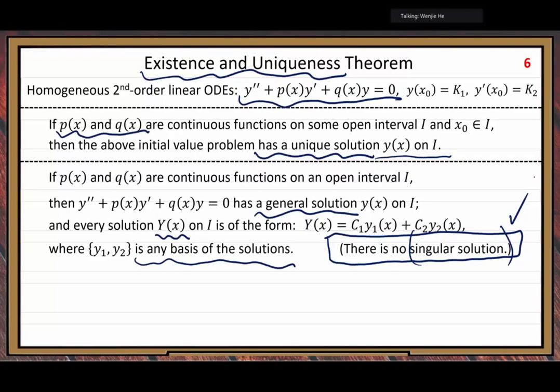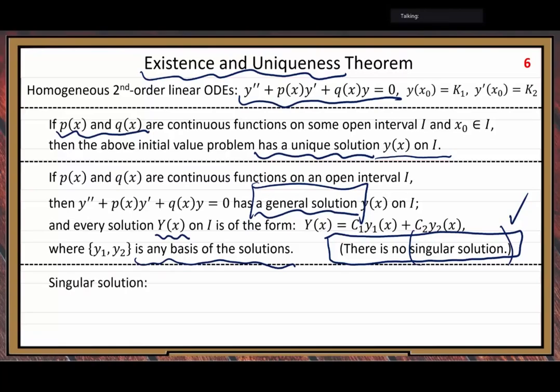Singular solution: when we talk about a general solution, there is a formula, right? A singular solution means a solution that is not covered in the form of that general solution. You cannot cover that, so singular means outside. But it's possible, so you will see a singular solution example.